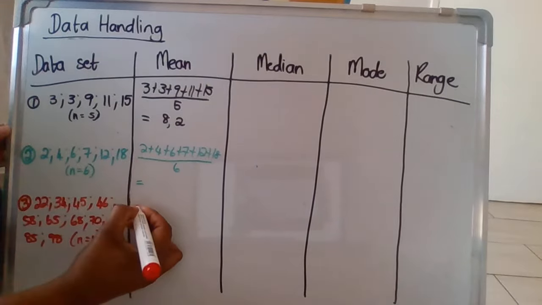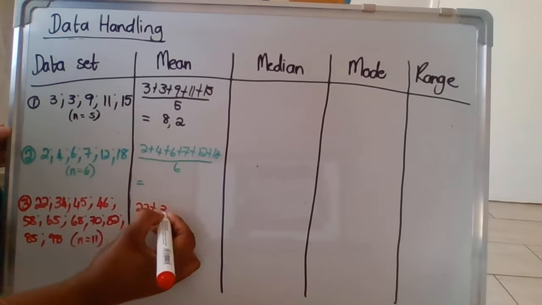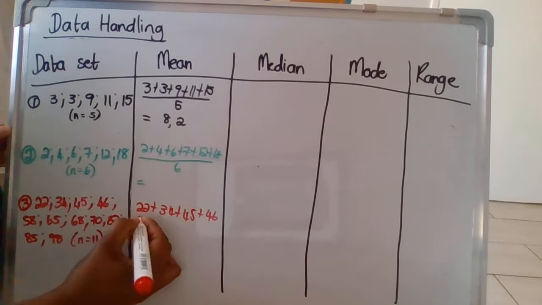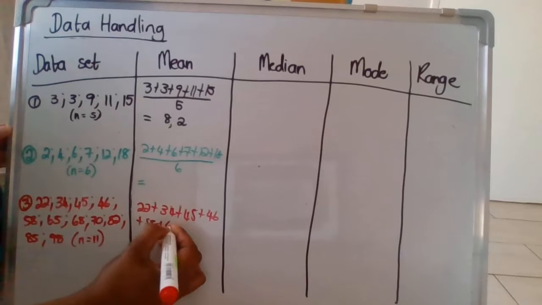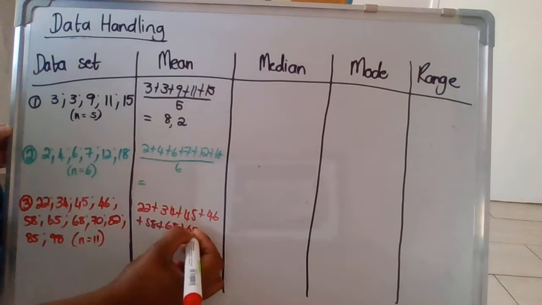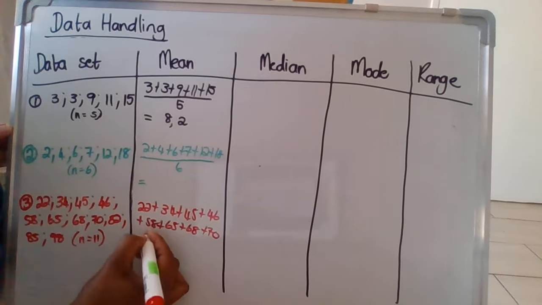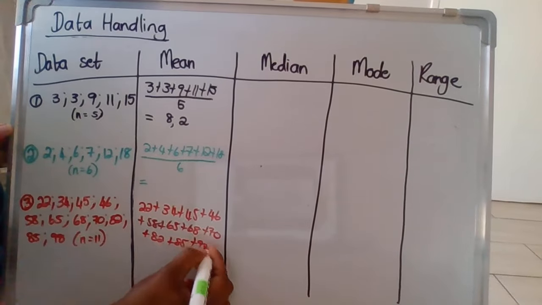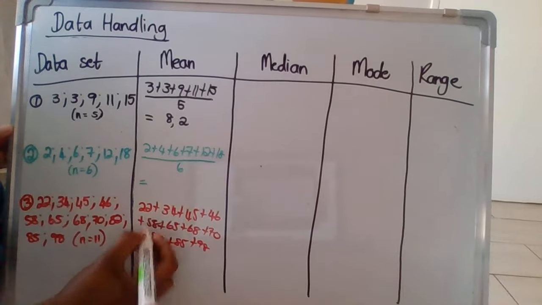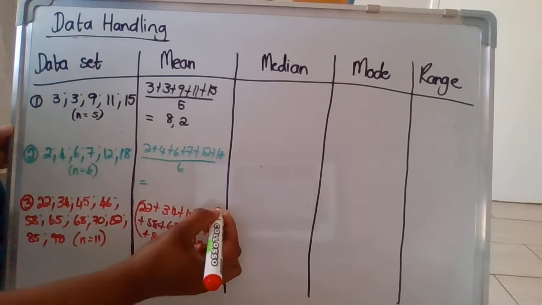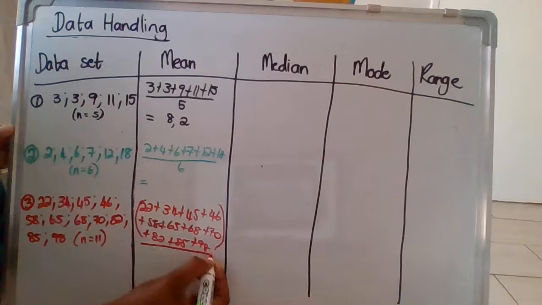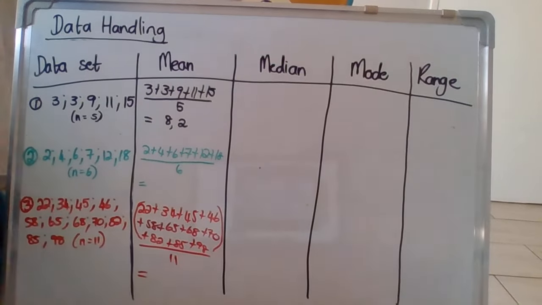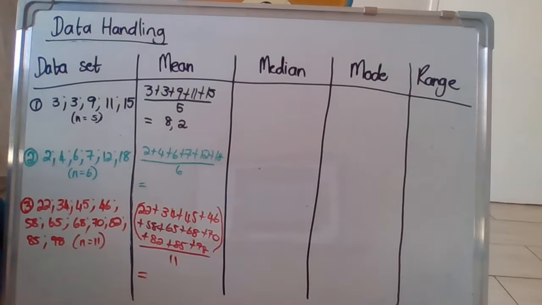So you add all 11 values together, and divide all of these values by 11. That should tell you what the mean is.